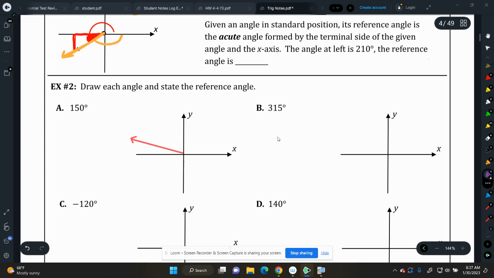That means this angle right here is 150 degrees. So what's the reference angle? 30 degrees, yes. It's this little angle right here. So my reference angle, we're going to call it theta, is 30 degrees.